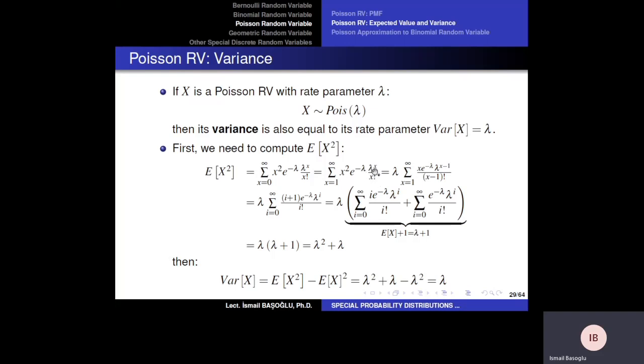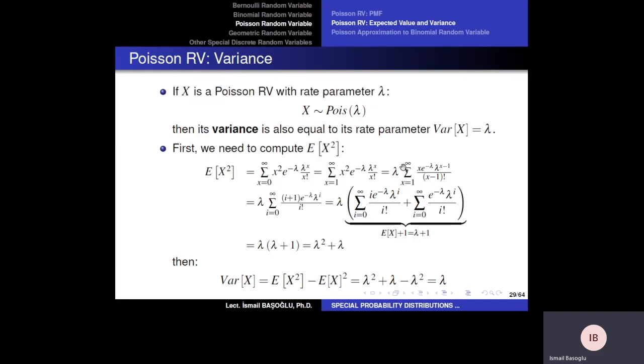Now, take one of the lambdas outside again. So there remain the remaining terms here. And we have x squared here. Let's cancel one of the x's with the first multiplier of the x factorial. So there remains x over x minus 1 factorial. And here we are going to apply a change of variable again. We are going to say that i is going to be equal to x minus 1.